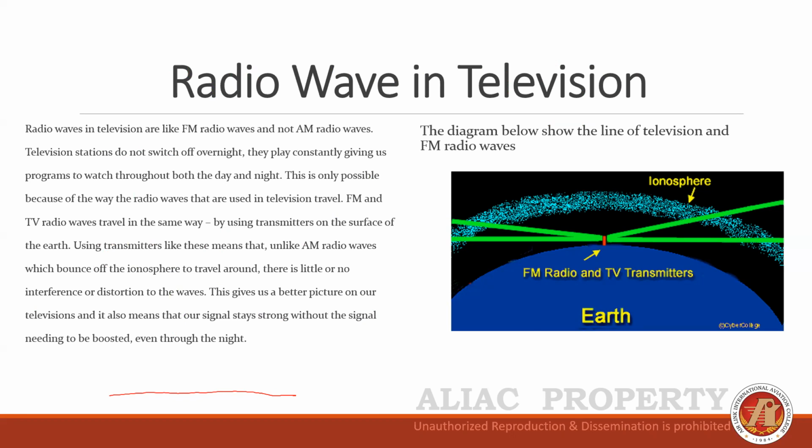So sounds for broadcast are encoded with frequency modulation and pictures are encoded with amplitude modulation. So yun yung tatandaan nyo. So yun natin. In broadcasting, yung sounds encoded siya for the frequency modulation and yung pictures are encoded with amplitude modulation.